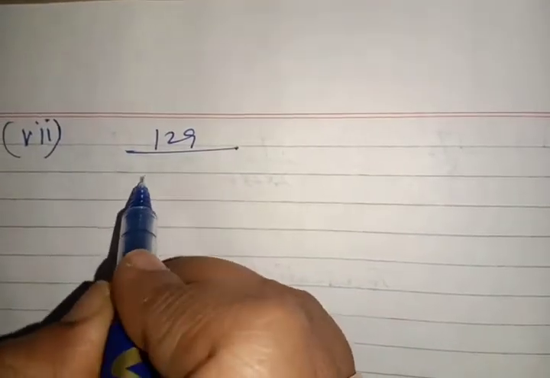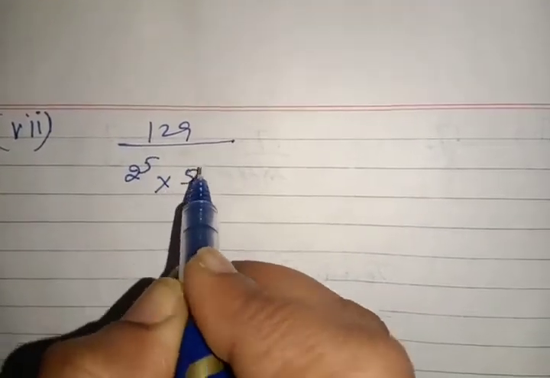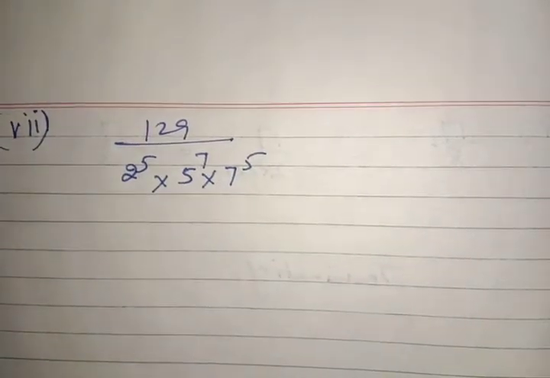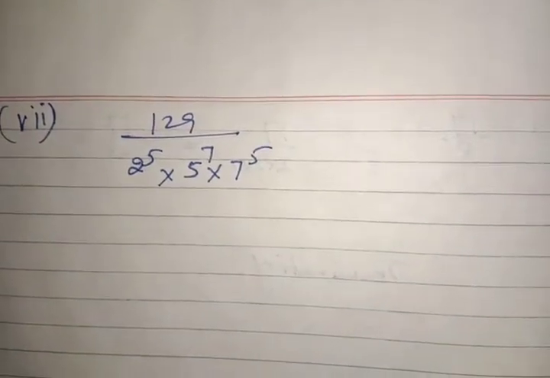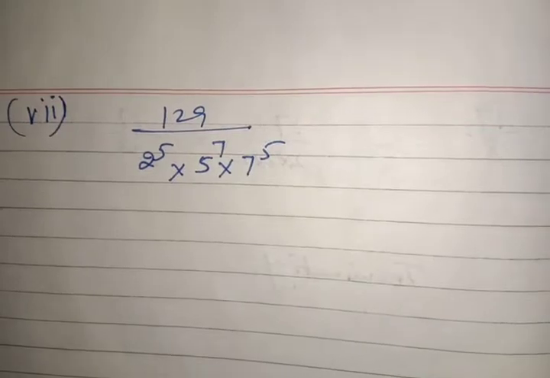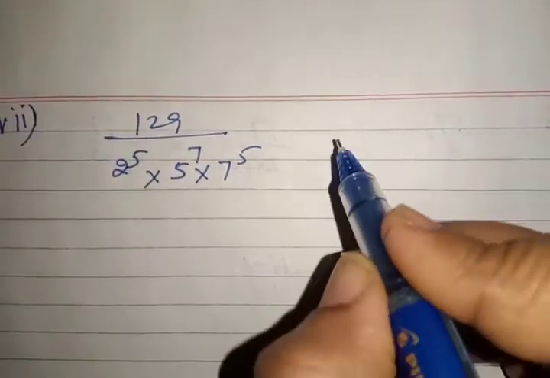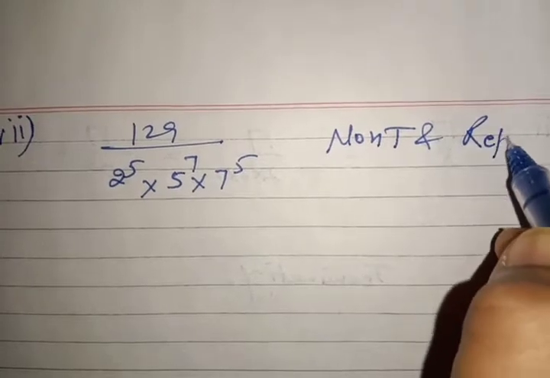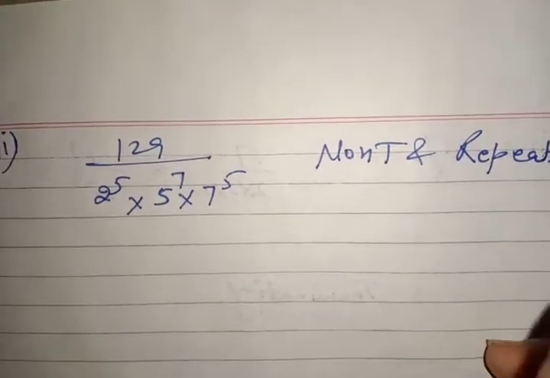One more part I want to discuss with you, part 7 of your book, which is 129 upon 2 power 5, 5 power 7 and 7 power 5. Can you think which decimal expansion it has? Yes, it is non-terminating and repeating. Why?